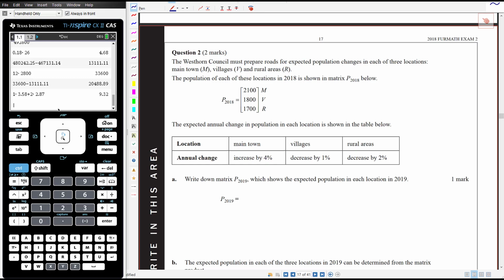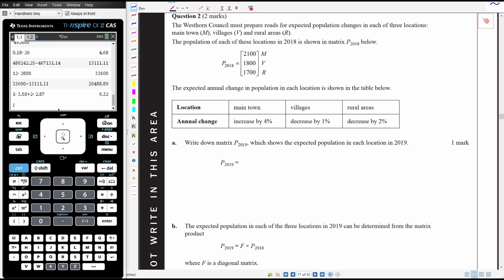The expected annual change in population in each location is shown in the table below. Okay, so main town is going to increase by 4% each year, villages are going to decrease by 1% each year, and rural areas are going to decrease by 2% each year. Write down matrix P 2019, which shows the expected population in each location in 2019.